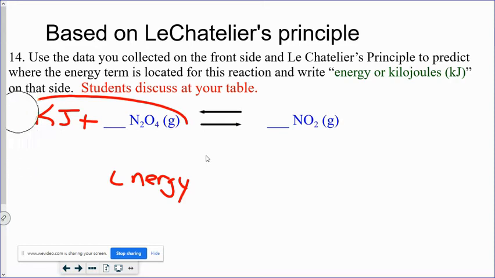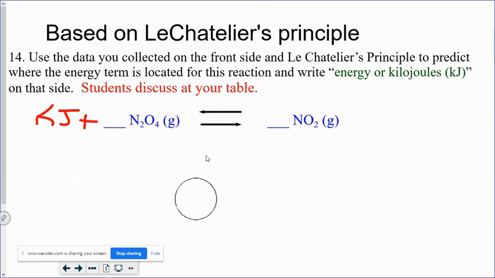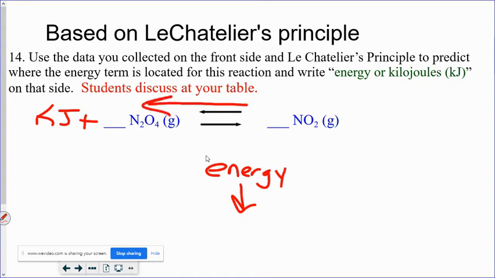Another piece of evidence would be when we cooled it. So when our energy, gotta learn how to spell energy. When our energy is reduced or removed, the reaction shifted to produce more energy, and it became more colorless. So those are pieces of evidence that support that kilojoules are over on the reactant side.